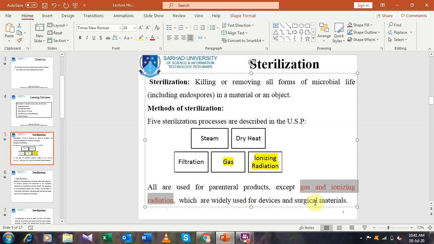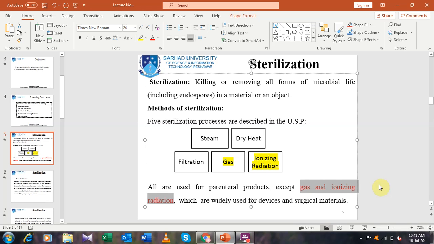And these two are widely used for the devices and surgical material. We have heard about the materials that are used for surgical operation or the surgical procedure. They need to be sterilized.